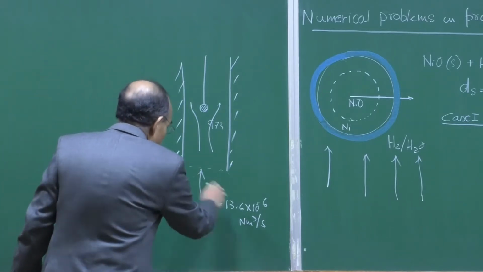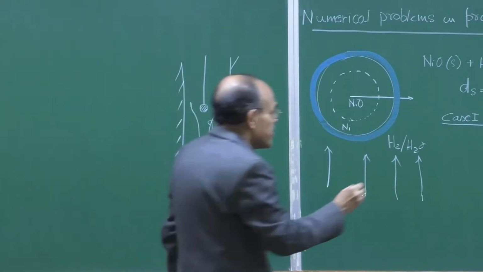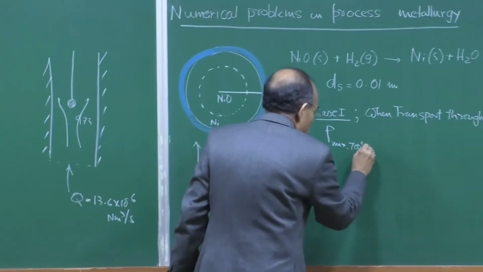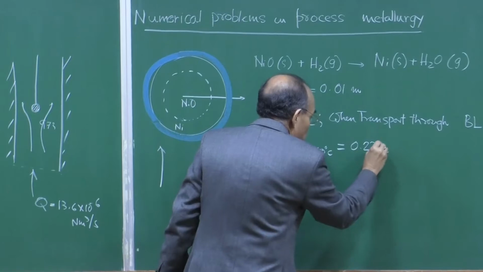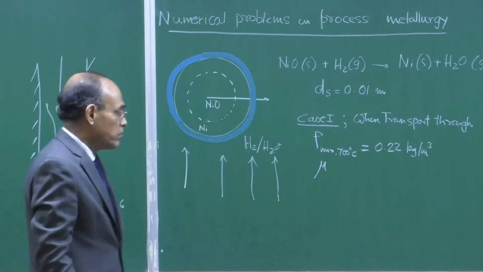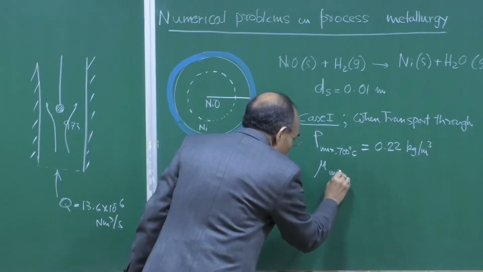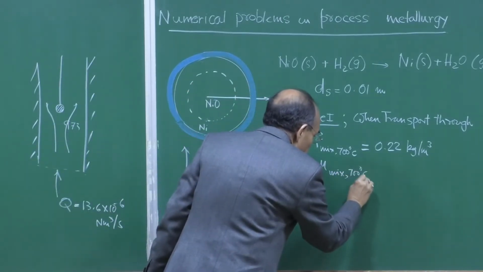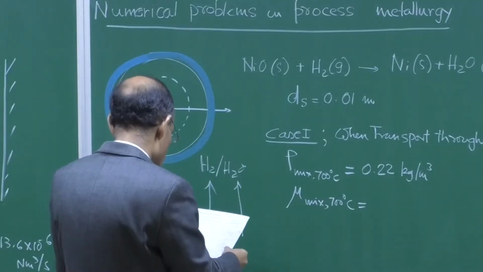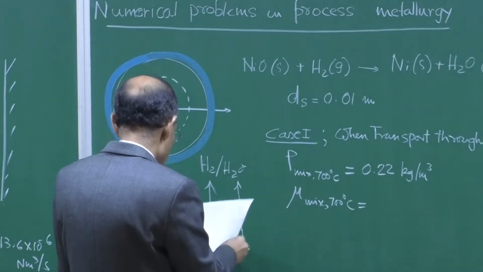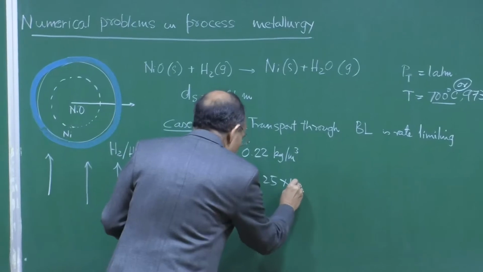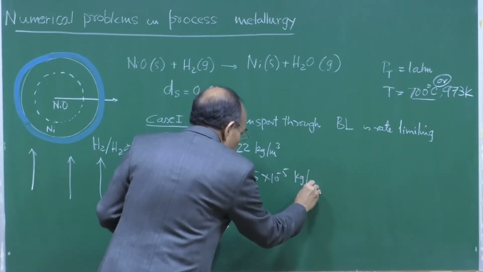So, the volumetric flow rate is given to you. The density of the mixture at 700 degree centigrade is also given to you, and that is 0.22 kg per meter cube. The viscosity of the mixture at 700 degree centigrade is also given, and the value is 2.25 into 10 to the power minus 5 kg per meter second.